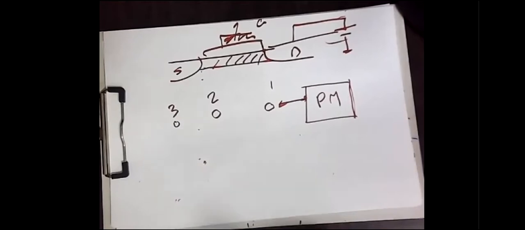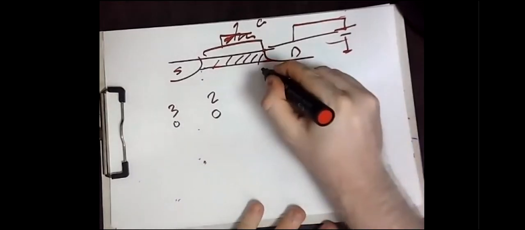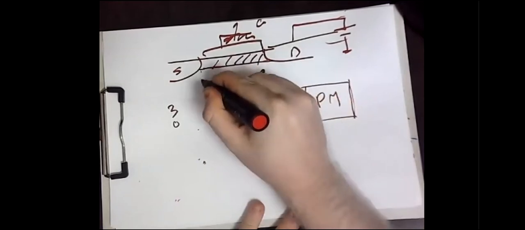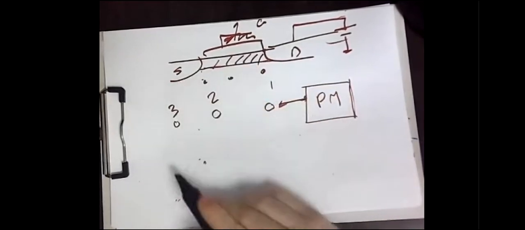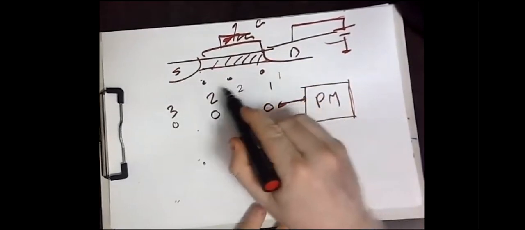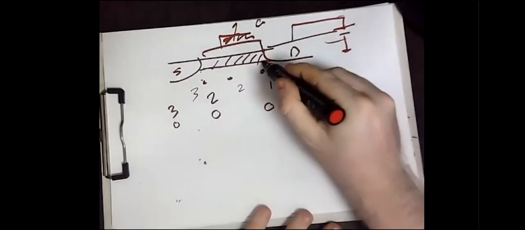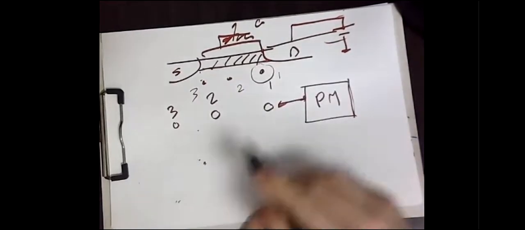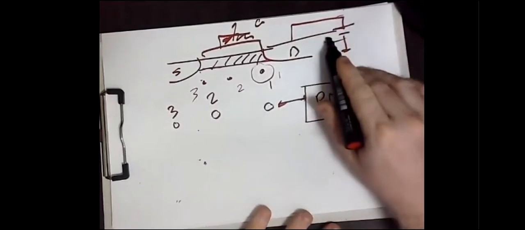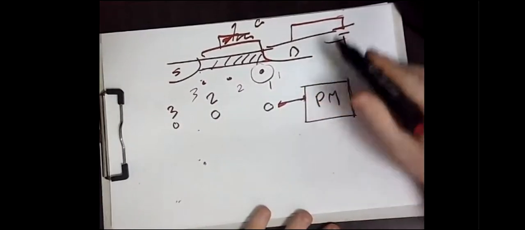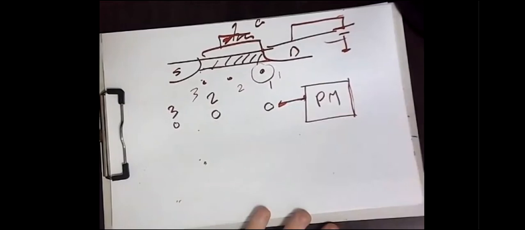Accordingly, if I told you that I have 3 electrons here, similarly 1, 2, and 3, which of these 3 electrons has the highest probability to be attracted? Again, this is electron number 1, because it's the closest one to the positive charge, which is the analogy of the permanent magnet.